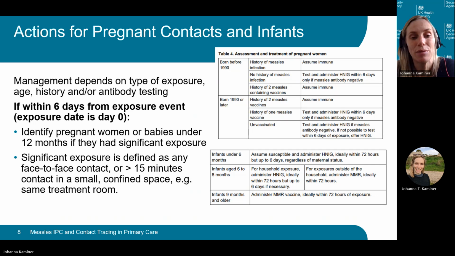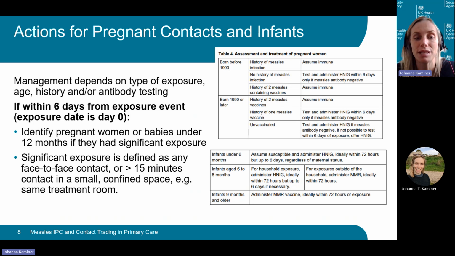The assessment and treatment of pregnant women and infants really depends on their age, and in the case of pregnant women, also their history of measles infection or vaccination history. Same for infants under the age of 12 months. Here, the management also depends on age.